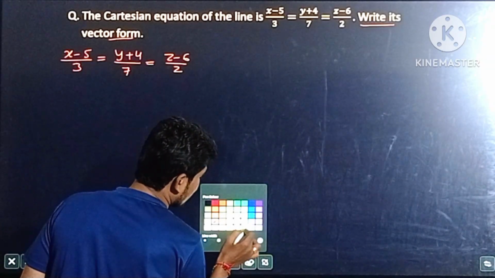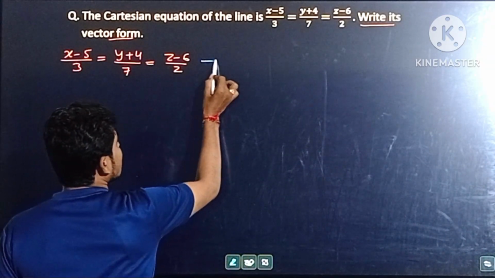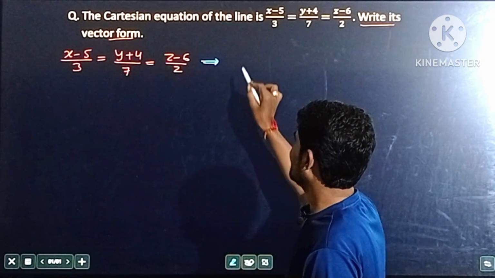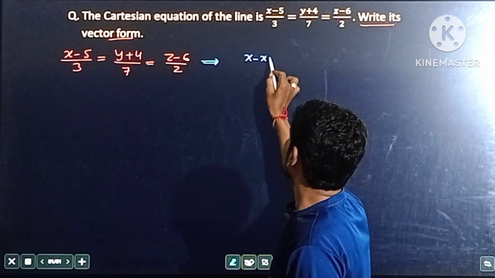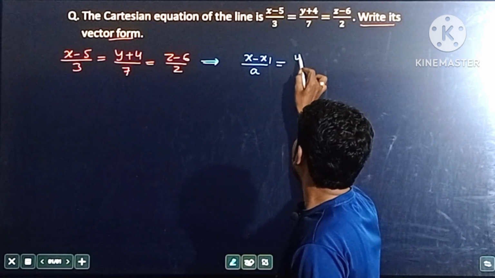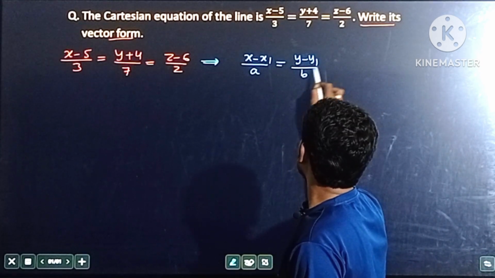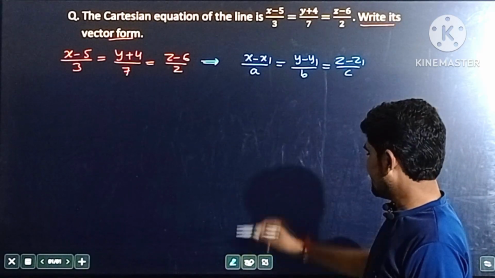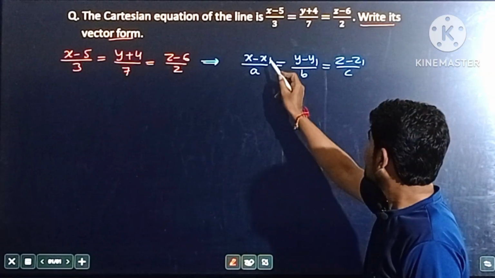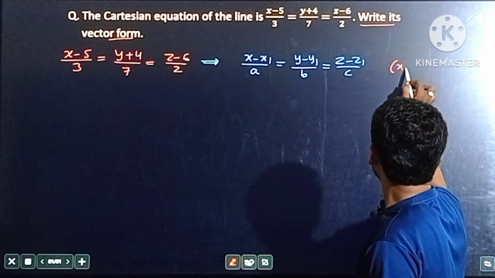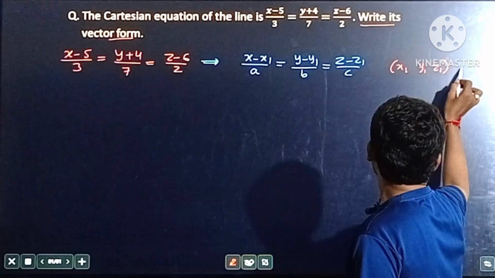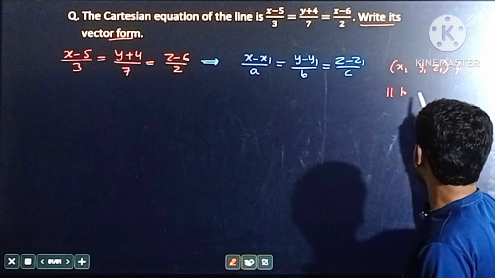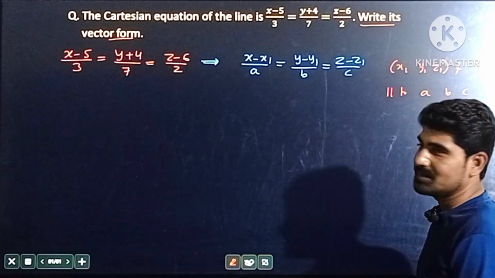To write its vector equation, first compare this equation with the standard Cartesian equation, that is (x minus x1) divided by a equal to (y minus y1) divided by b equal to (z minus z1) by c, where this line passes through the point (x1, y1, z1) and is parallel to the vector whose direction ratios are a, b and c.